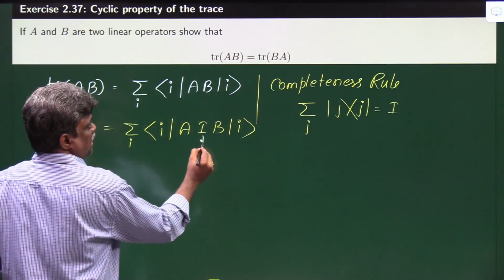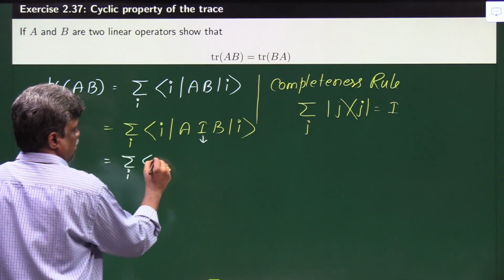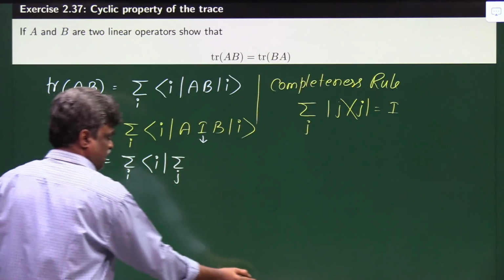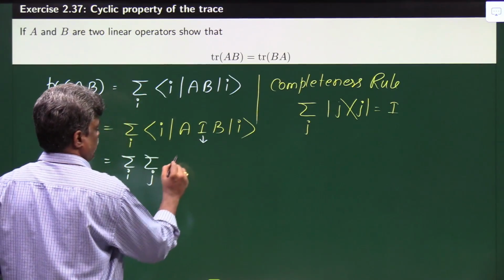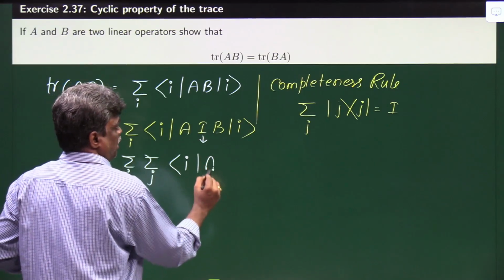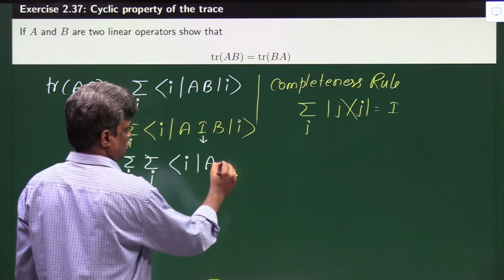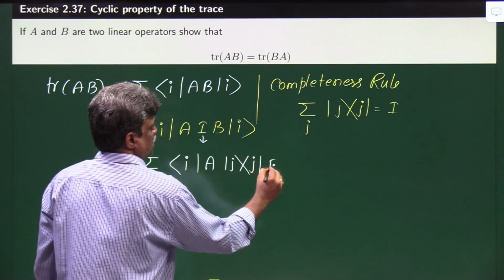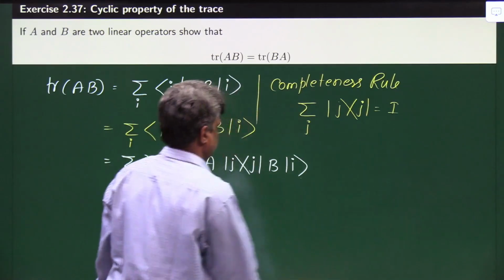So just take that i and substitute here. Summation over i, and this is the summation over j. We can write it outside also, it's not a problem. So summation over j, i A j, and this is nothing but j B and A ket vector i.